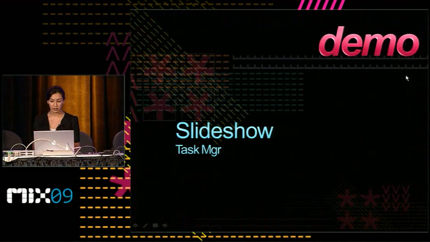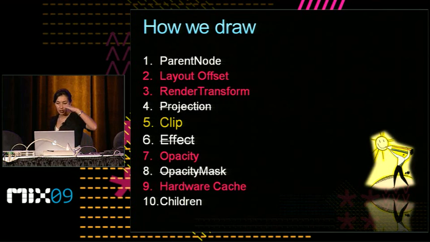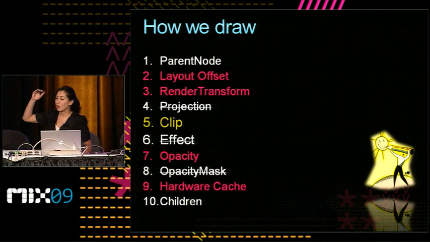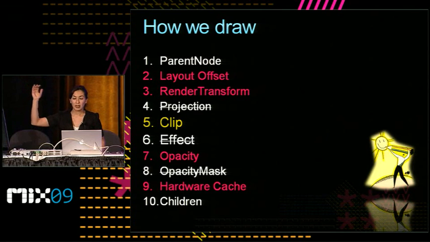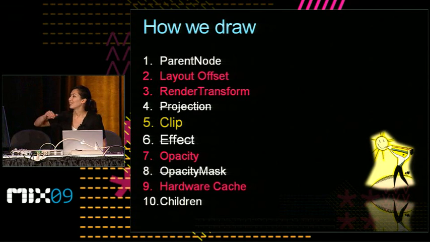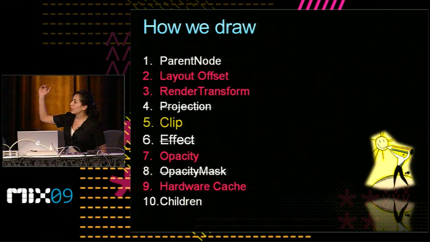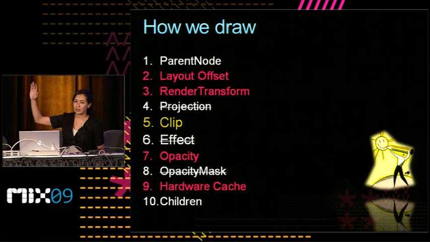So how do you harness hardware in your application? Let's first keep in mind what we can actually hardware accelerate. We start off with the hardware cache. We allow you to hardware accelerate the opacity, a rectangular clip, not all clips, the render transform, and the layout offset, which is a type of transform.